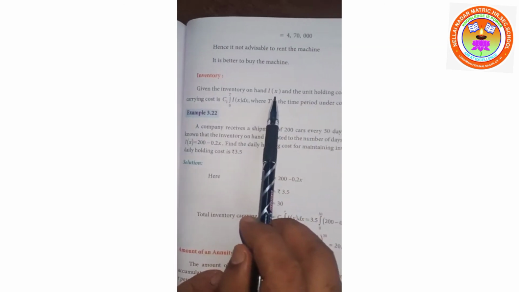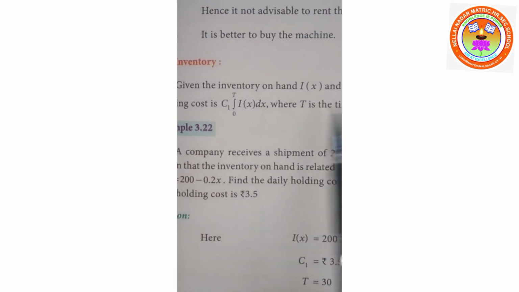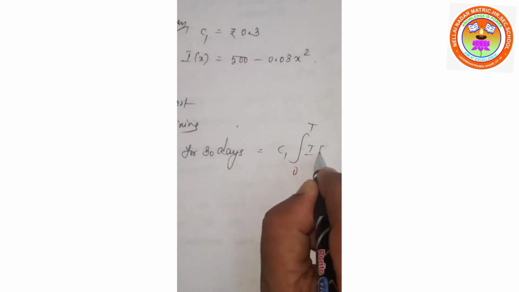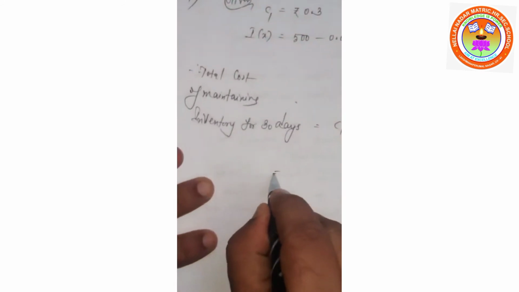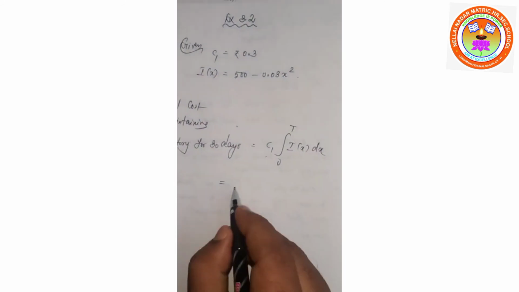what is the formula? I of x refers to inventory on hand. Okay, so what is the formula for total inventory carrying cost? C1 into integral 0 to T I of x dx equals C1, here it is the holding cost, what is given? 0.3.